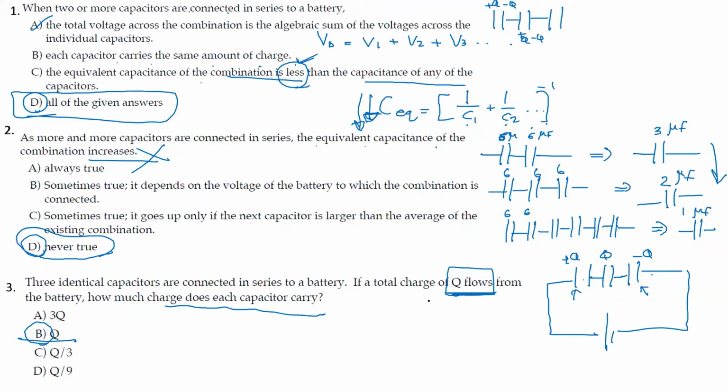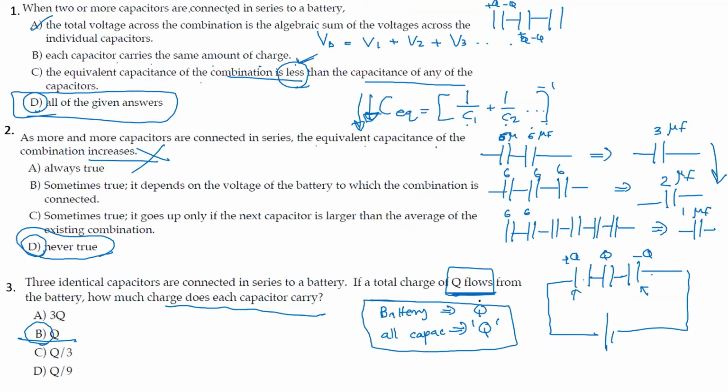So this part is important. The battery gives out Q. If the battery gives out Q, all capacitors have Q, right? Each of them has Q charge. But when we go to the next section, when the capacitors are in parallel, this will be different.